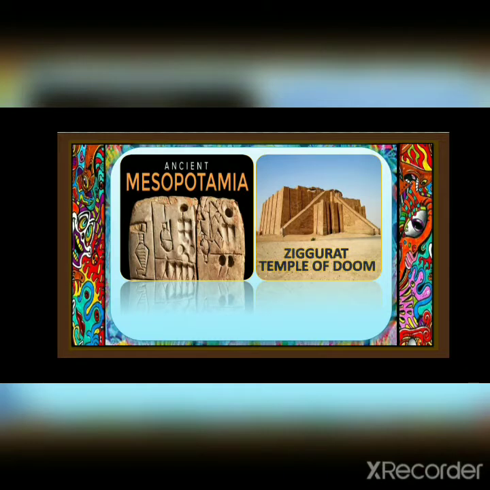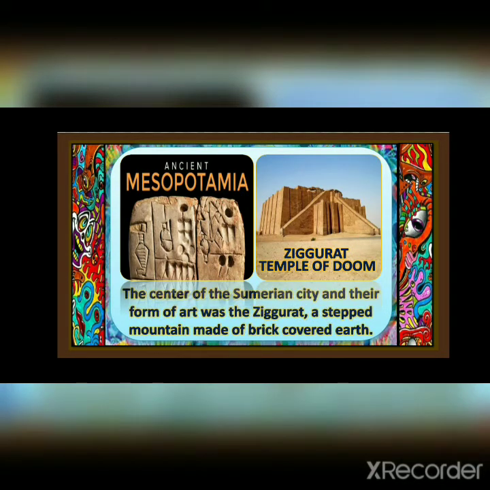Next is the ancient Mesopotamia. Mesopotamia is the region that lies in the fertile crescent of land between the Tigris and the Euphrates. The Sumerians were the first people in Mesopotamia to follow a system of writing called cuneiform.